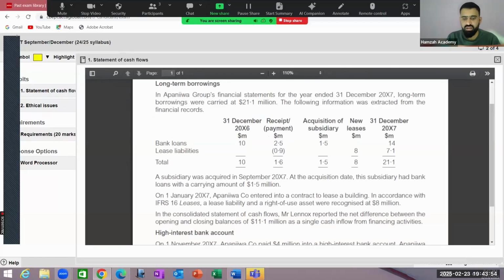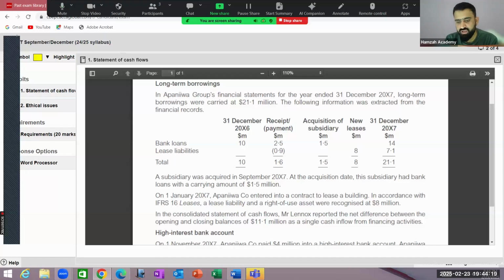Now, in A group financial statement for the year ended 31st December X7, the long-term borrowings were carried at 21.1 million. The following information was extracted from the financial records about the long-term borrowing.